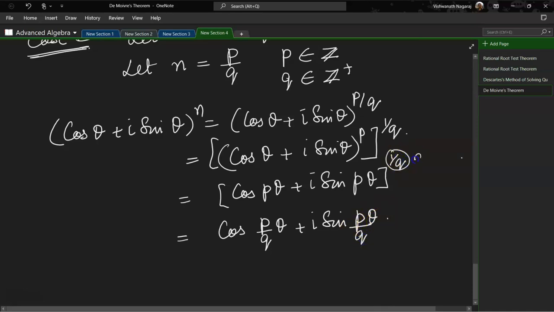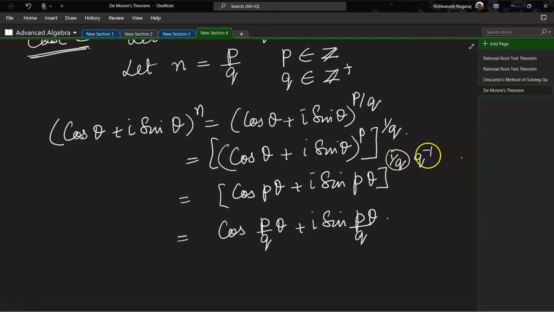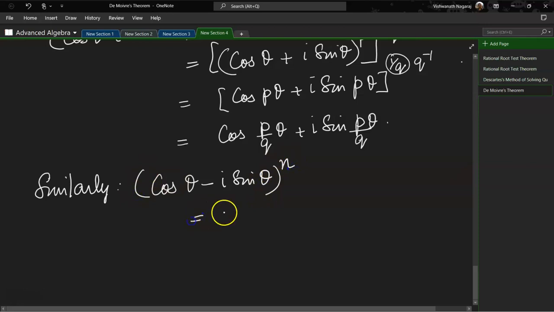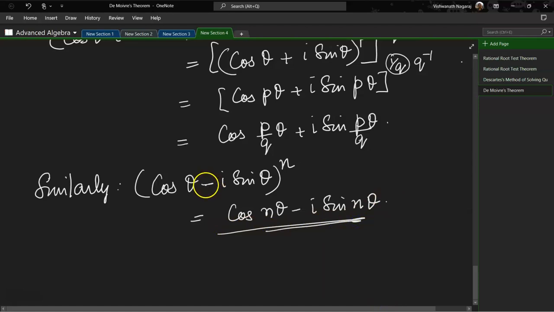Remember, this can be written as q to the power of minus 1. If instead of plus, we look at (cos theta minus i sin theta) to the power of n, that would be equal to cos n theta minus i sin n theta, and we can prove this just the way we proved it in the case of plus.